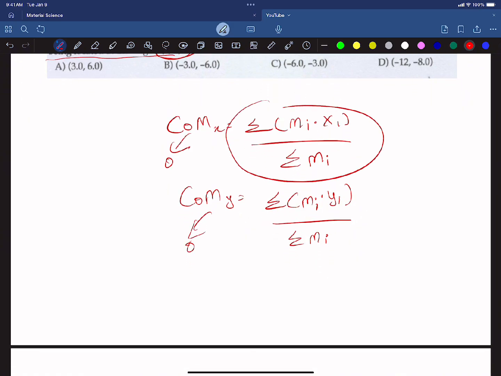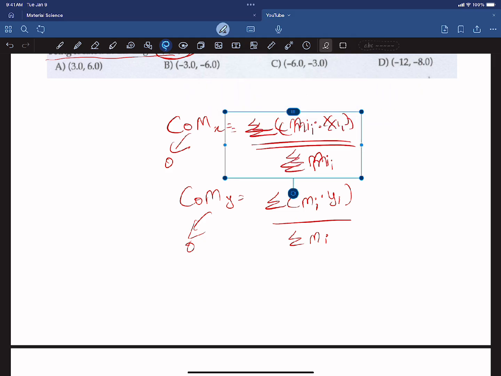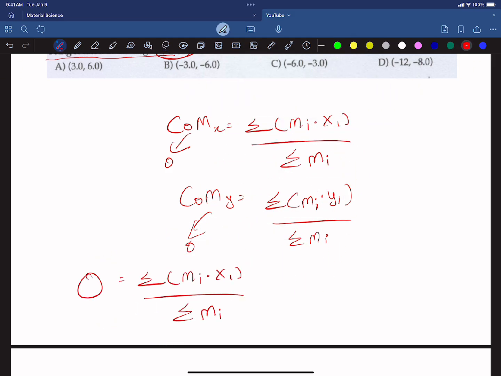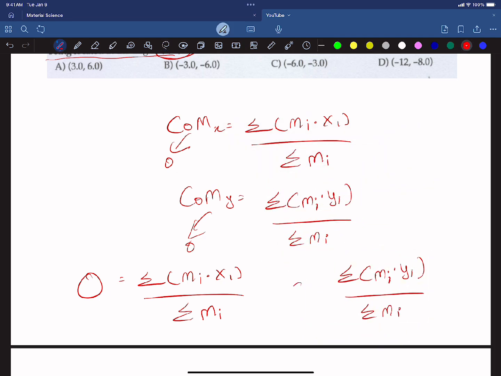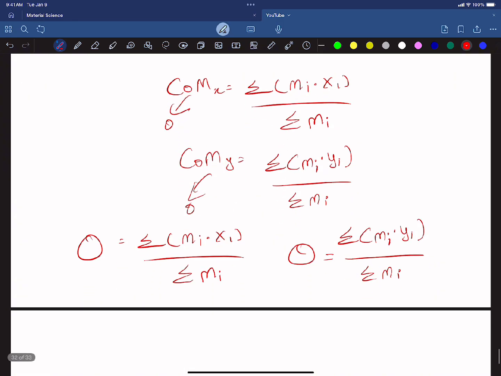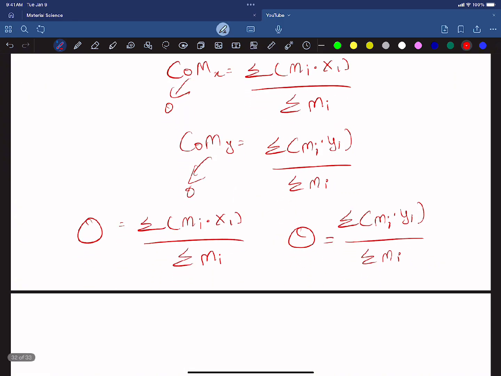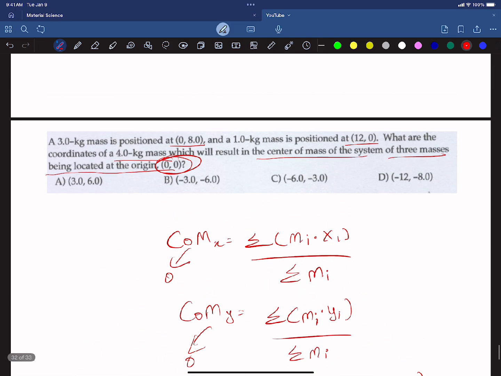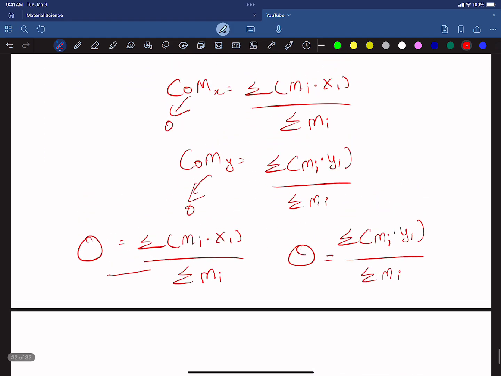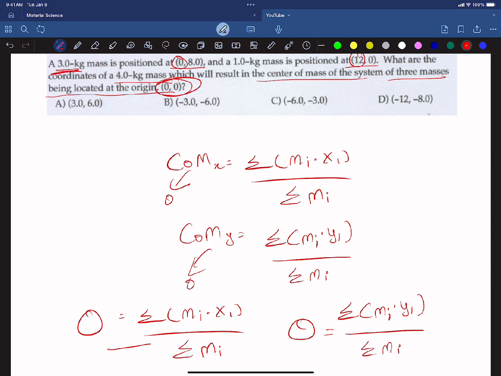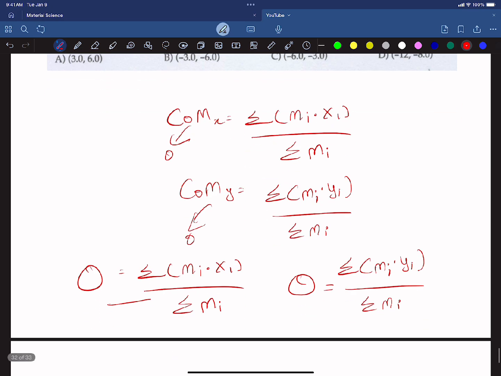So for the x component our formula will become 0 equal to this, and for the y component our formula will be 0 equal to this. Now we just have to substitute the values of our masses and all the x components in this, and the masses and all the y components here.